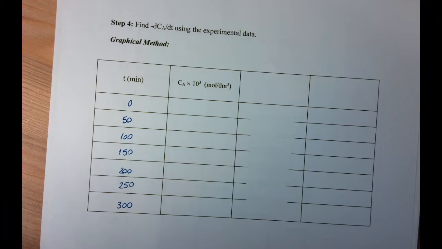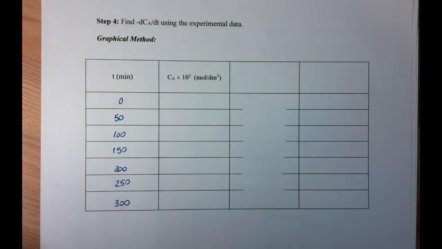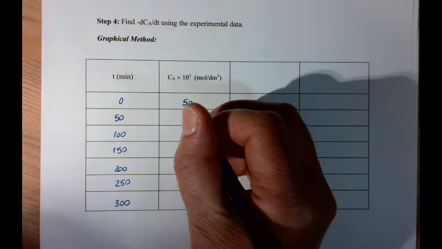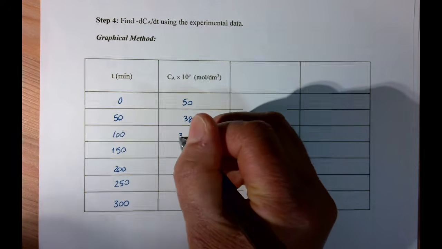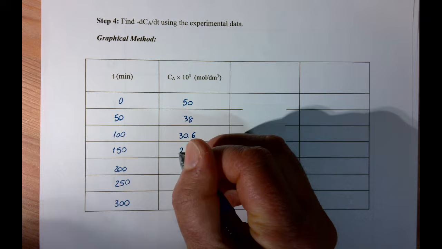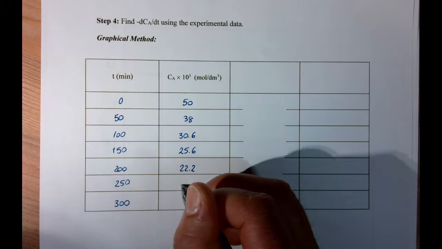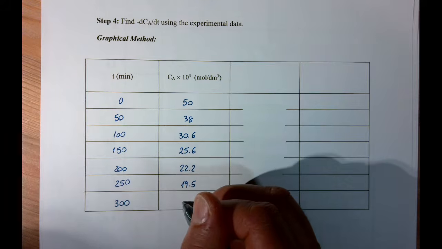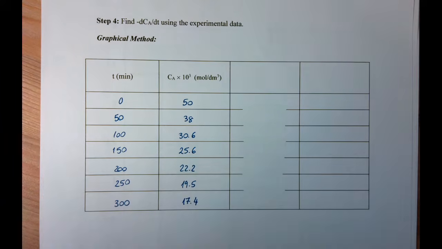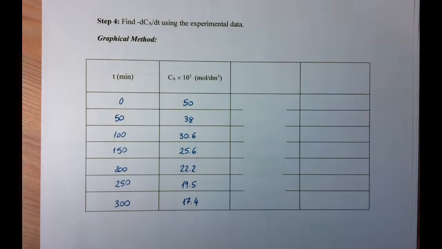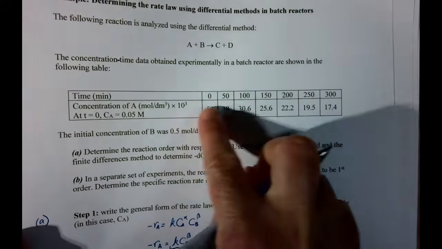The value of CA times 10 to the 3 is 50, 38, 30.6, 25.6, 22.2, 19.5, and 17.4. I've just copied these from the original table that is given in the problem statement. Okay?